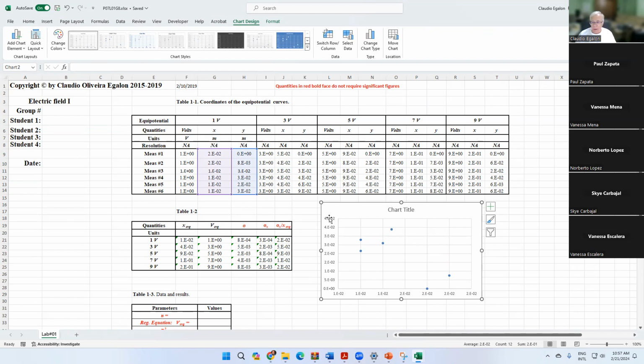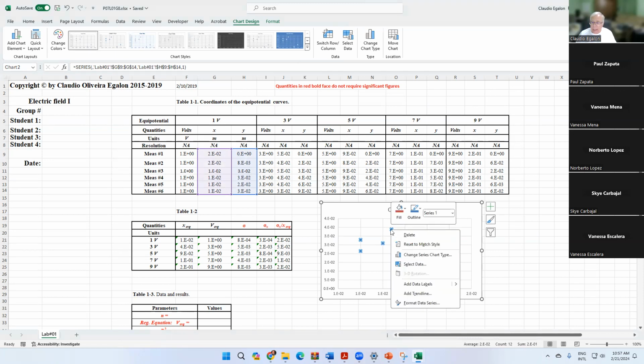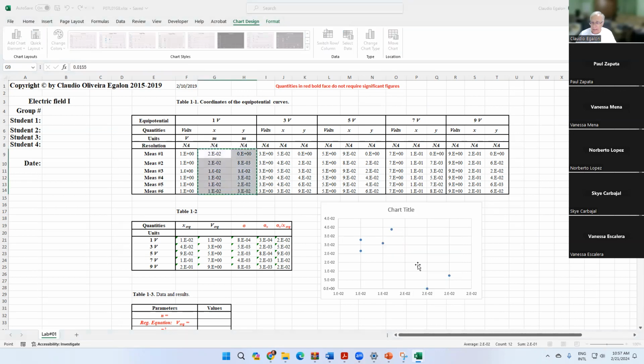What's the next step? You have your graph, right? You have let's say your graph that you're going to keep on using. You want to add points to this graph. So what do you do? You click one of the data points. Notice that all data points are highlighted, right? Right click, and then you select data.